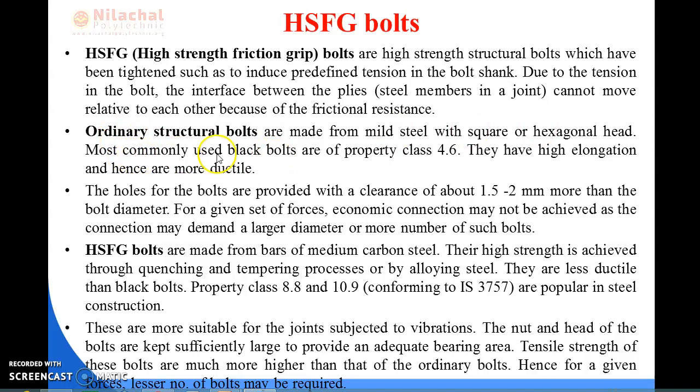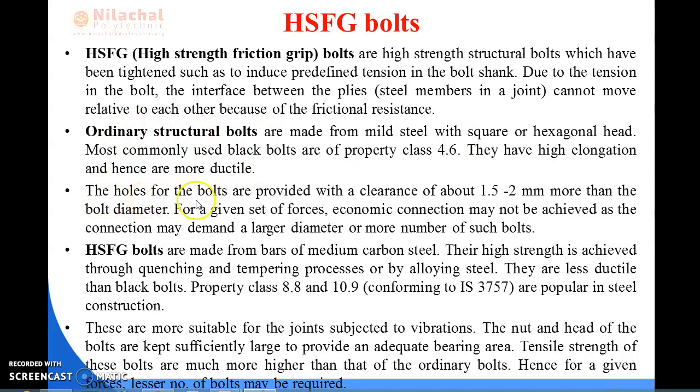The most commonly used black bolts are of property class 4.6. You know that M20, M16 belong to property class 4.6, which are black bolts. Okay. They have high elongation and hence are more ductile.